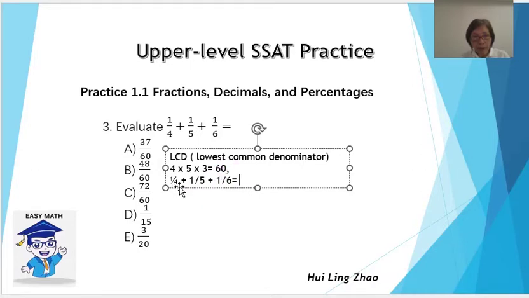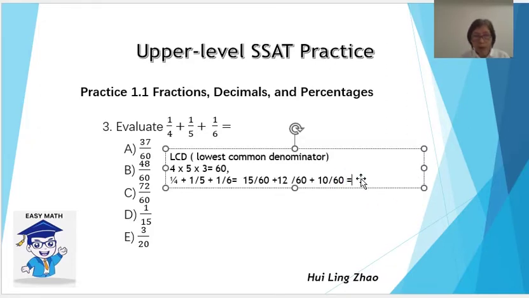So numerator and denominator are multiplied by 15, so it's 15/60. The second term, the denominator is 60, so we multiply by 12, it's 12/60. The third term is 1/6, so denominator and numerator are multiplied by 10, that means 10/60.